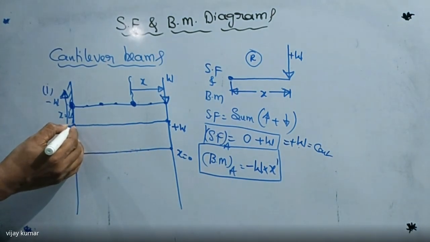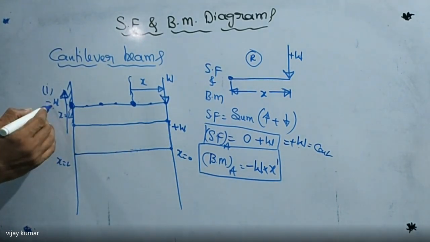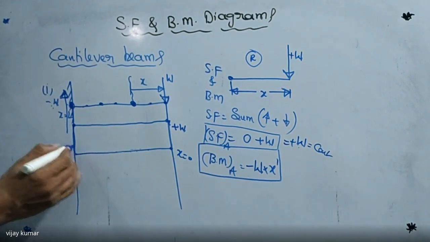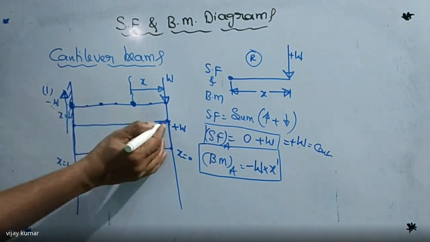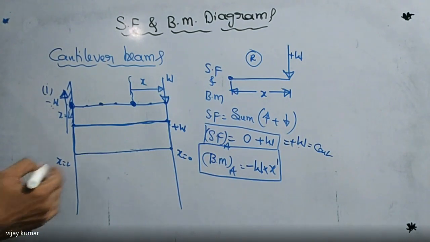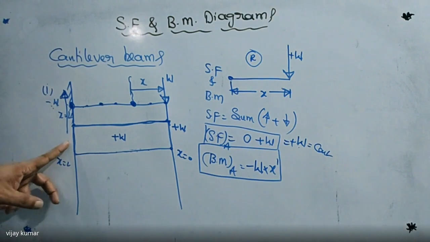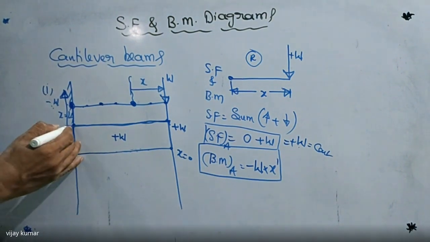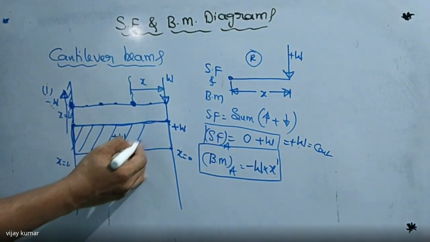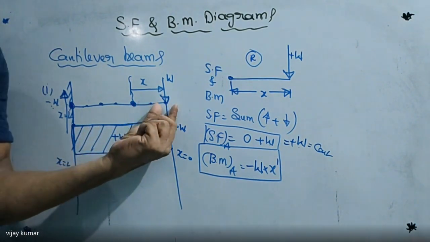Up to this one it is W. But if you consider this reaction, plus W minus W becomes how much? 0. Did you get my point? Without consideration of this reaction, the shear force is constant up to this one, with the value plus W. If you consider the reactive shear force, then this value comes to 0. So this is the shear force diagram for a cantilever beam which is subjected to a point load at its free end.